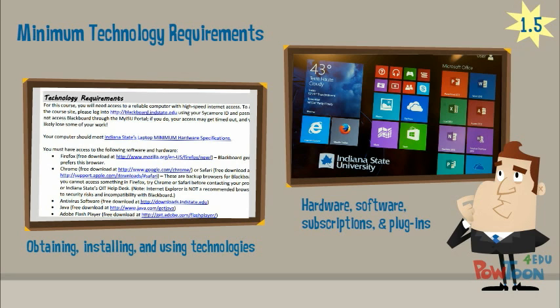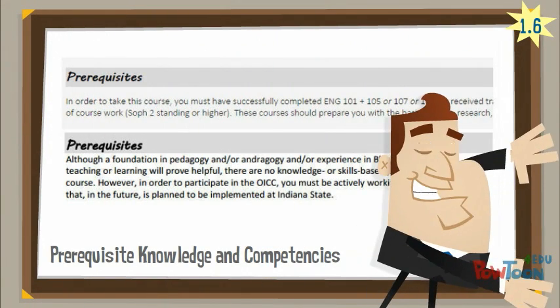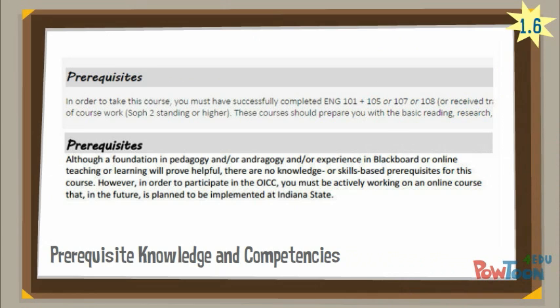Again, recommendations for policy language are available in the syllabus template posted in the Indiana State Online Blackboard Template course mentioned earlier. 1.6 says that the prerequisite knowledge or competencies are clearly stated within the course in documents such as the syllabus or in documents linked to the course.